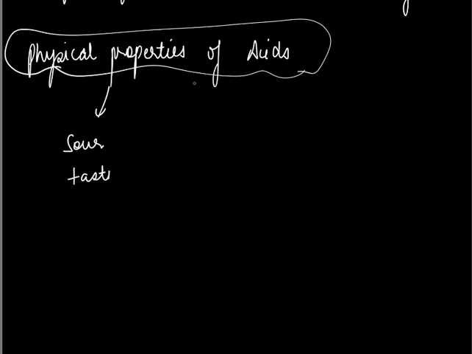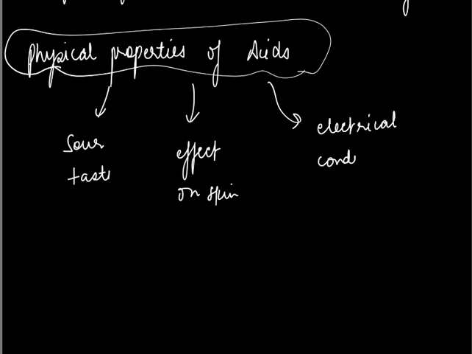Then the indicators' effect we have already discussed. Then we can even discuss the effect on skin, or we can discuss electrical conductivity, and then we can discuss physical state.